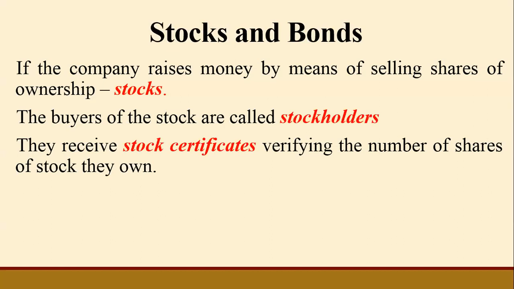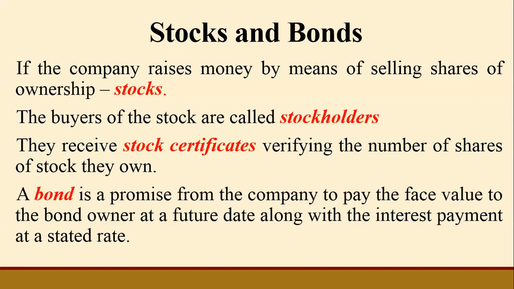Sometimes companies raise money by selling bonds instead of stocks. A bond is a promise from the company to pay the face value to the bond owner at a future date along with the interest payment at a stated rate.